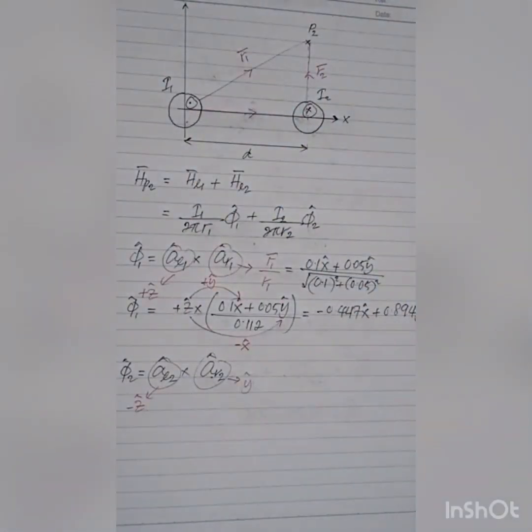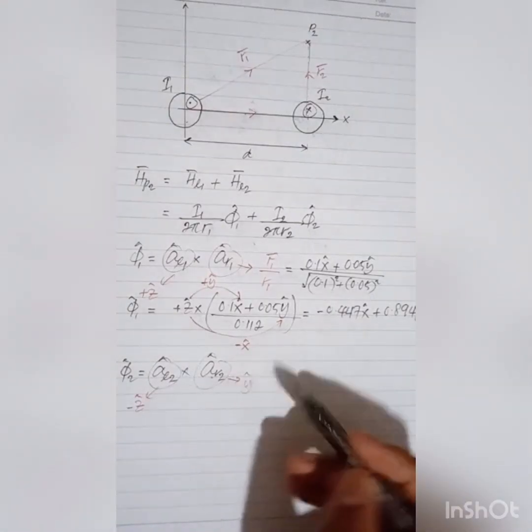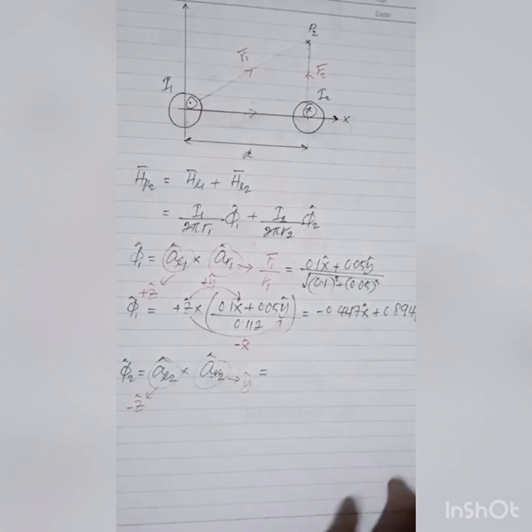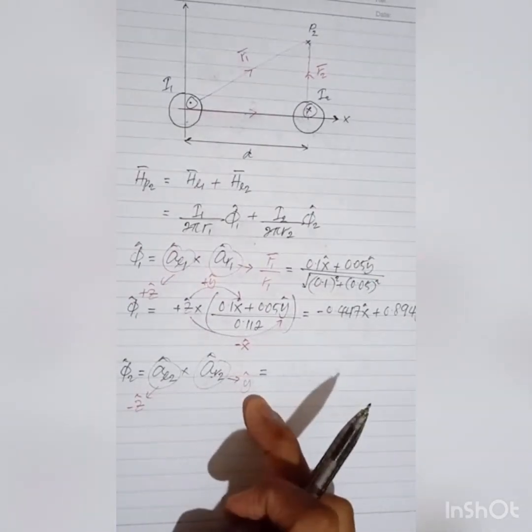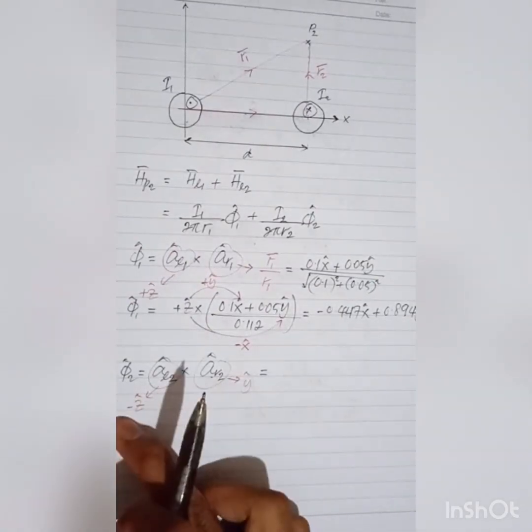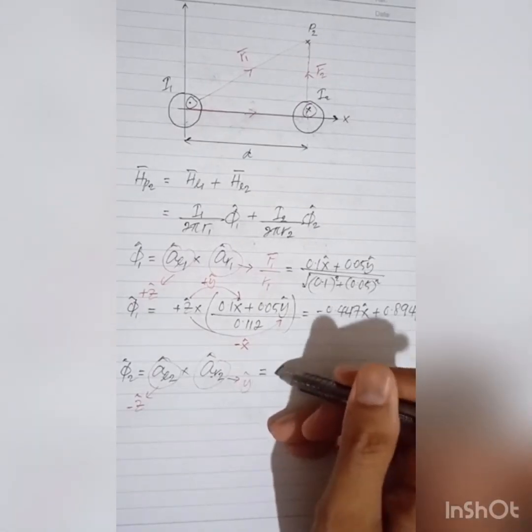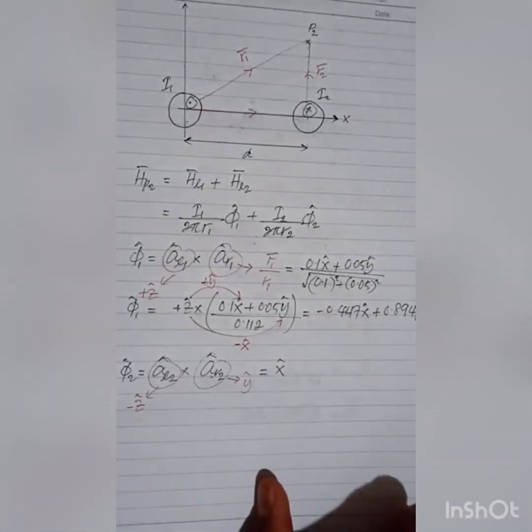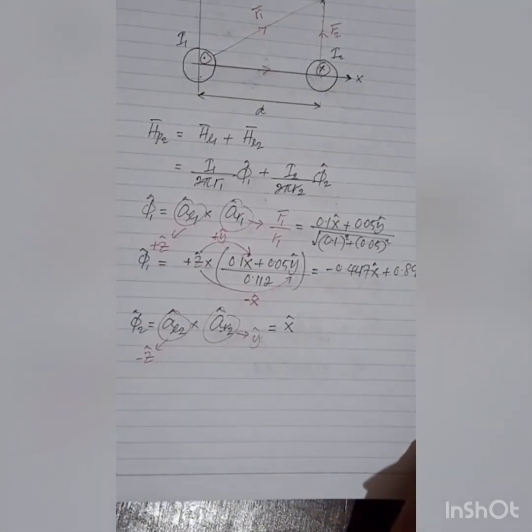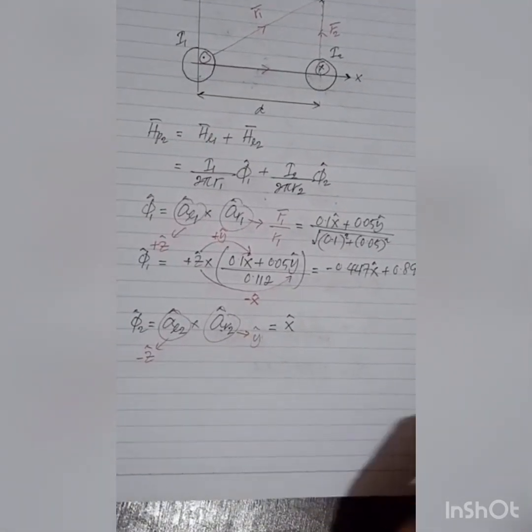Now again we perform the cross product between AL2 and AR2. The z cross y gives a minus x, and minus times minus gives a positive x. That should be the output of the cross product between these two unit vectors. Now let's substitute all the values into this equation.